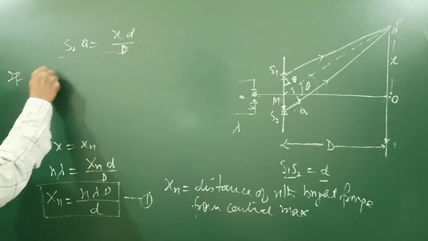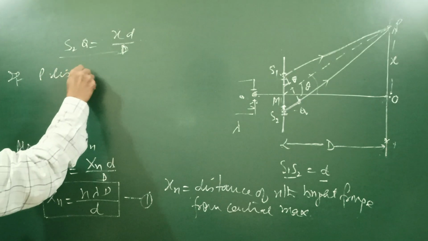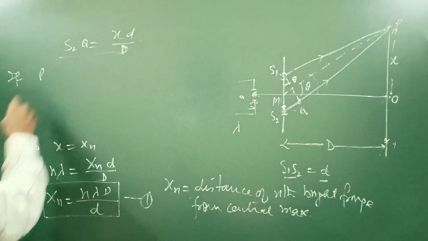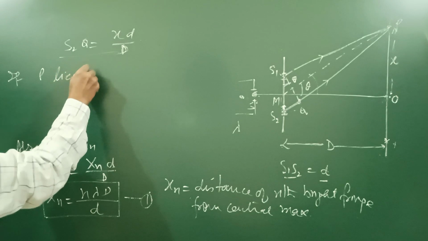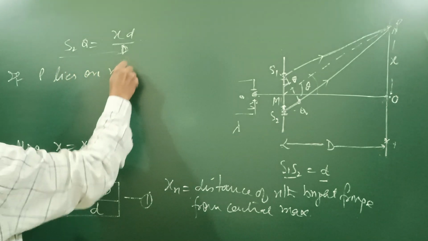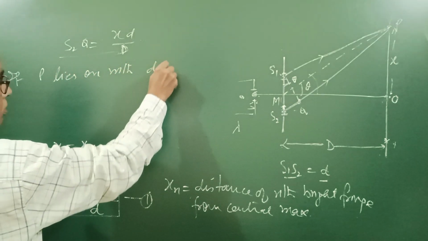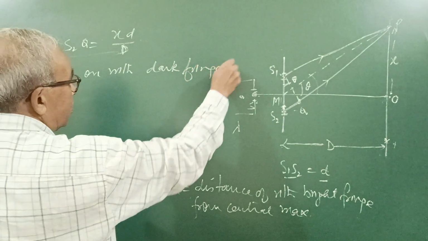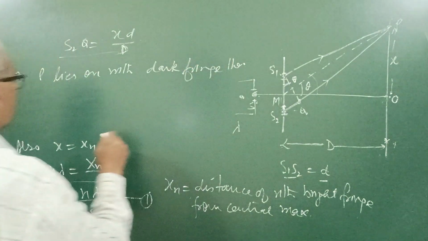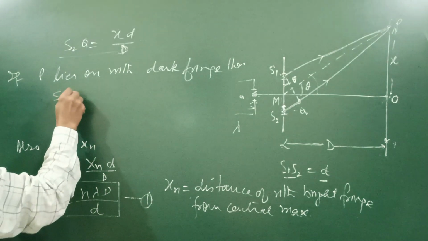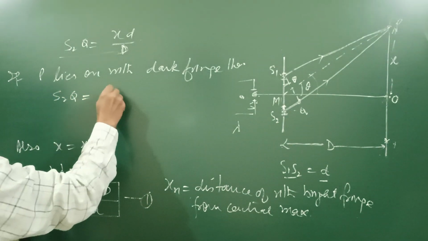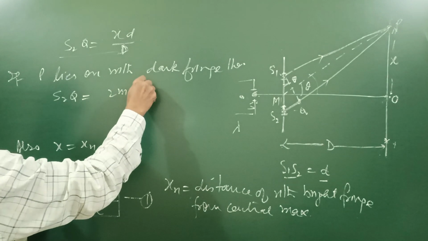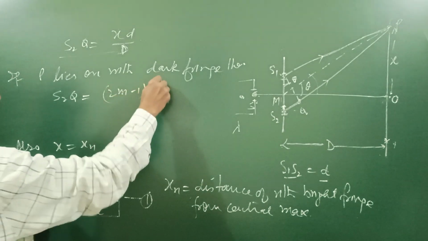If P lies on the mth dark fringe, then S2Q will be (2m minus 1) lambda by 2.